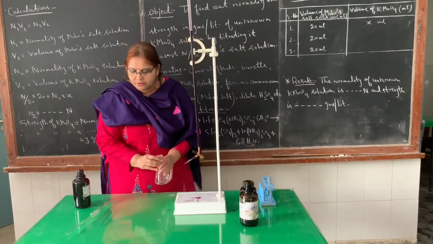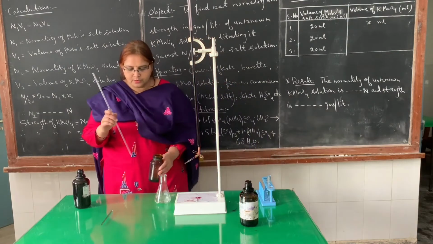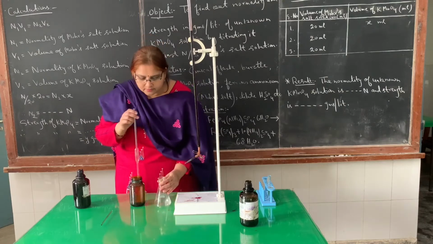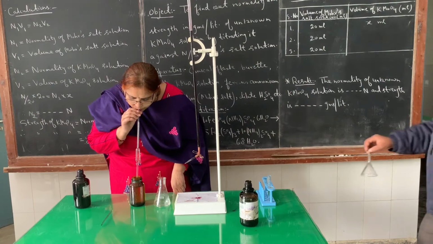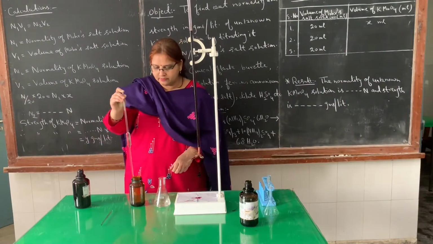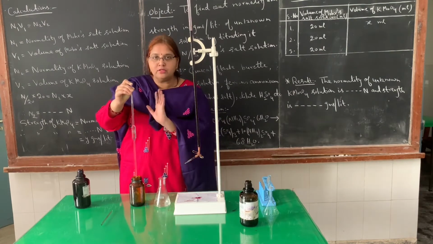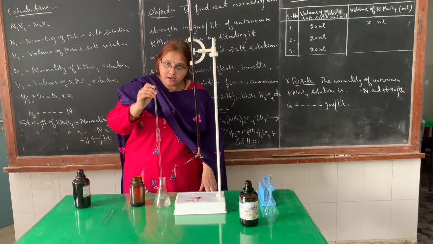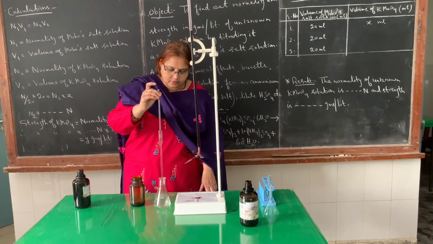Now, by using this pipette, we will pipette out 20 ml of Mohr's salt solution. So I have filled the Mohr's salt solution in this pipette up to the mark, and then just by removing my finger, it will flow down into the conical flask.